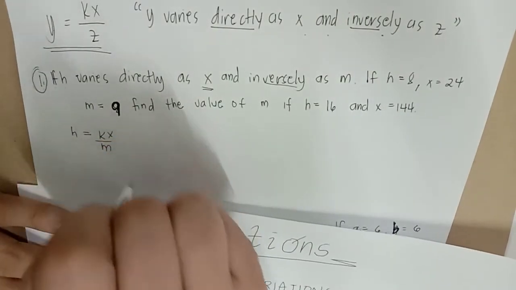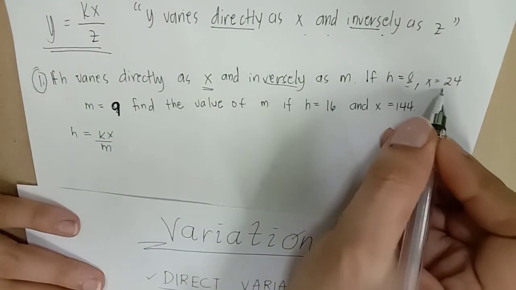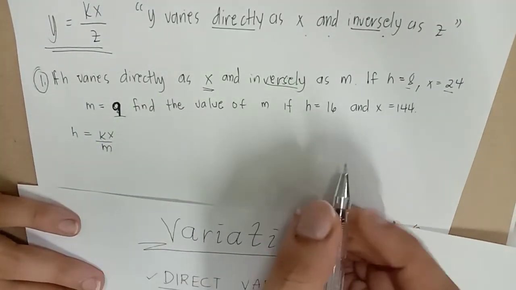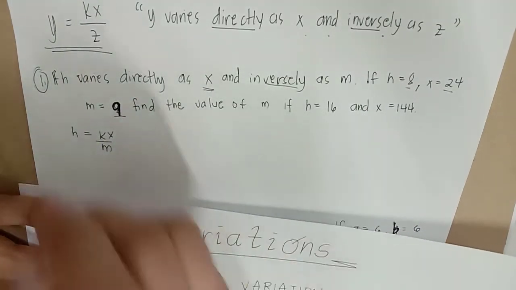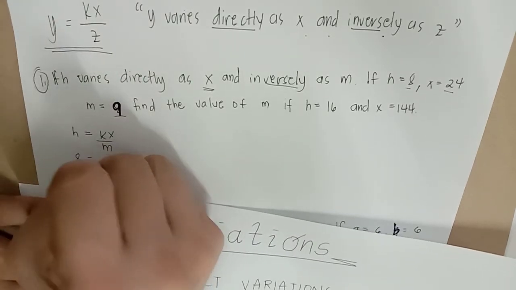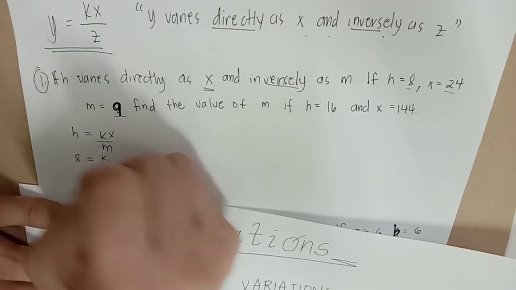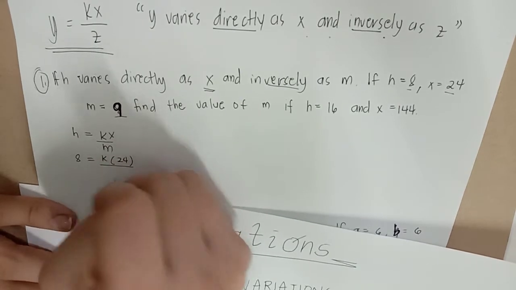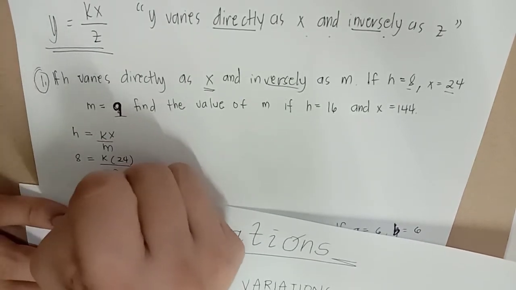Alright? So, if h is 8, 24 yung x, then m is 9. So, substitute lang po natin, ha? So, we have 8 is equals to k. Ang x natin ay 24 divided by 9.